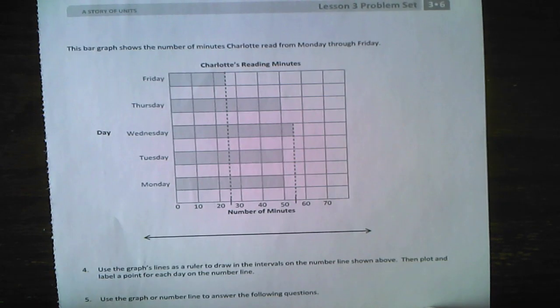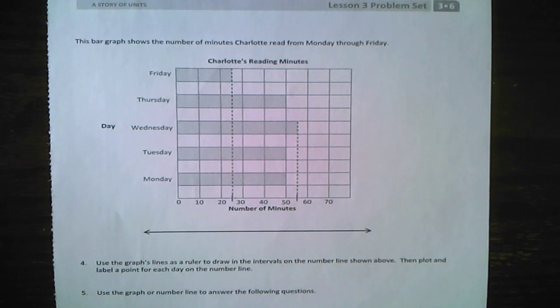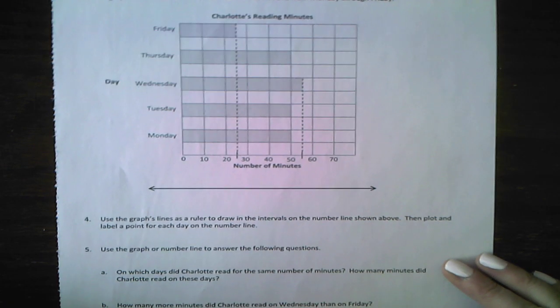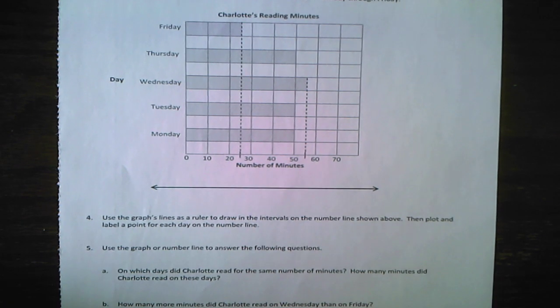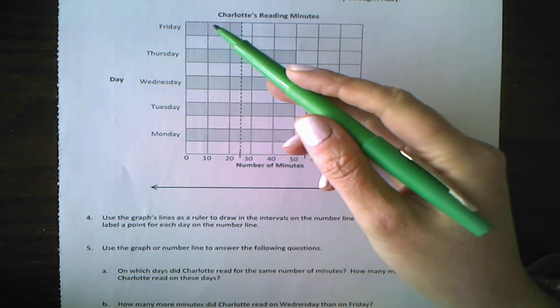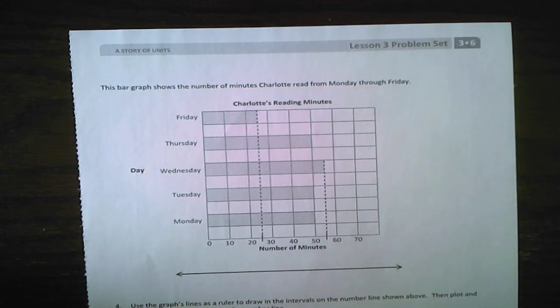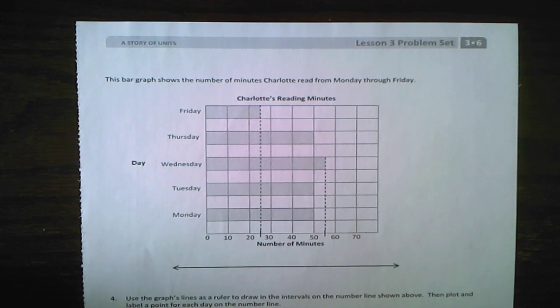All right. Now that Kyle has saved all his money and we helped graph what he's saving, we're going to move on to our last and final page for lesson 3. Will you please read the top with me? It says, this bar graph shows the number of minutes Charlotte read from Monday through Friday.